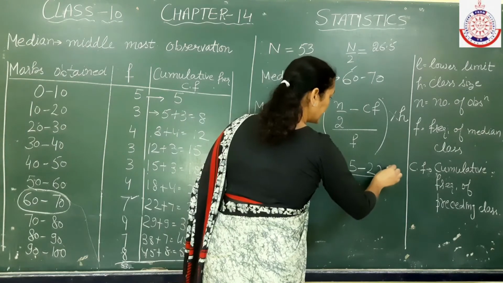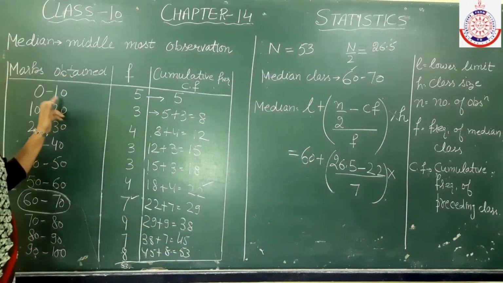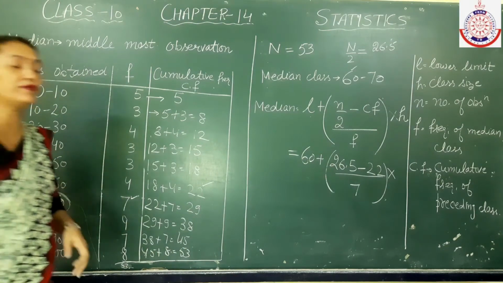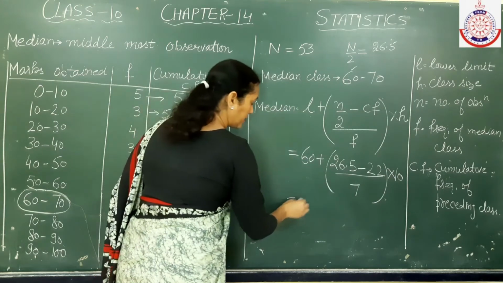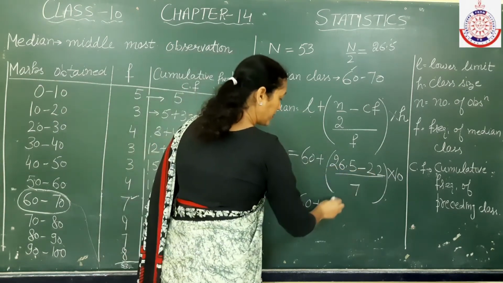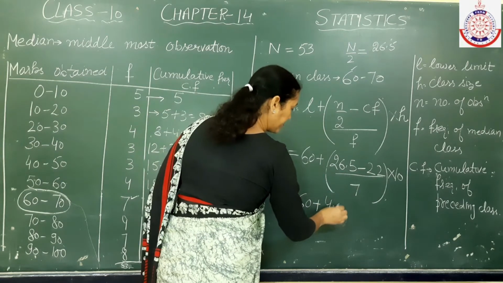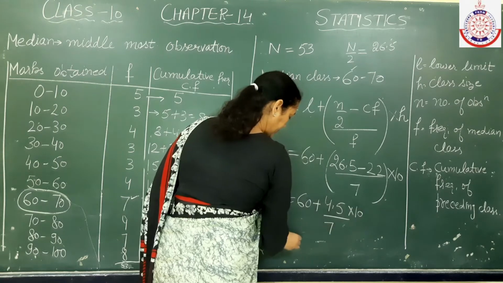Into class size: 0 to 10, 10 to 20, so width of 10. Calculate: 60 plus 26.5 minus 22 gives us 4.5 upon 7, into 10.